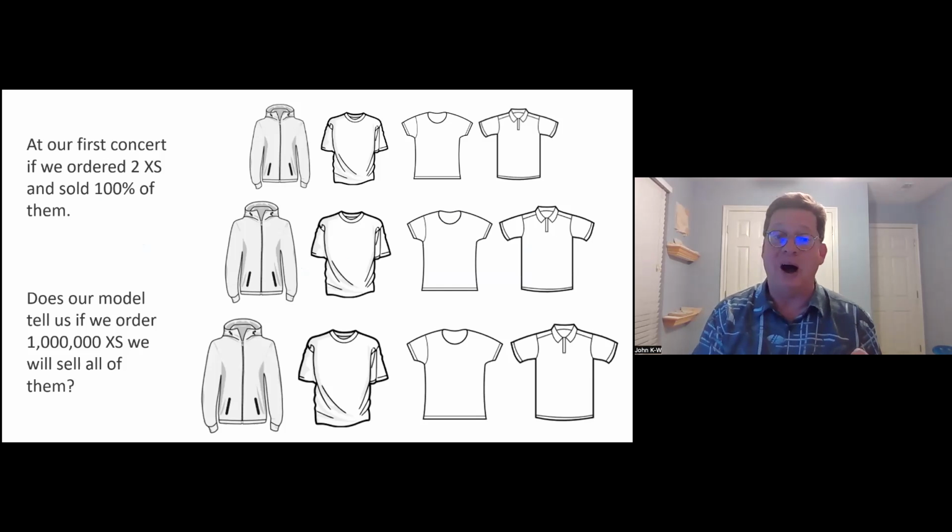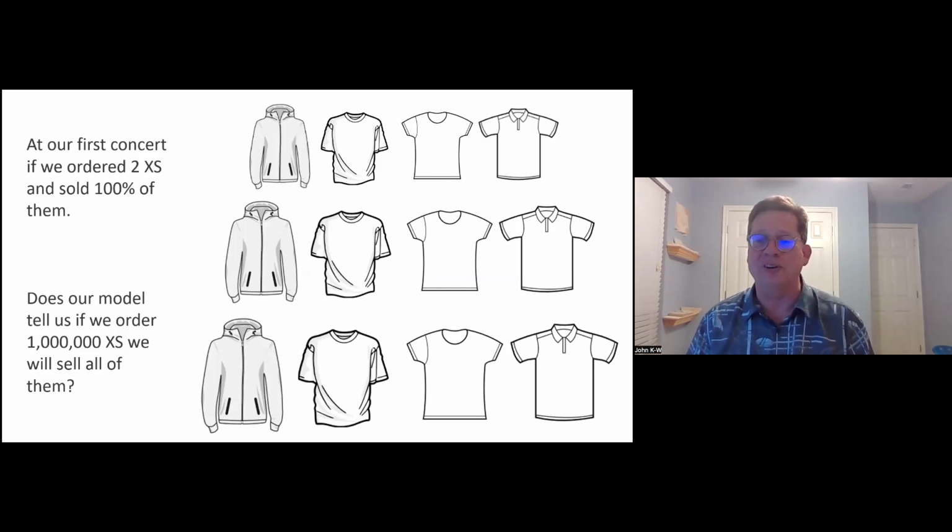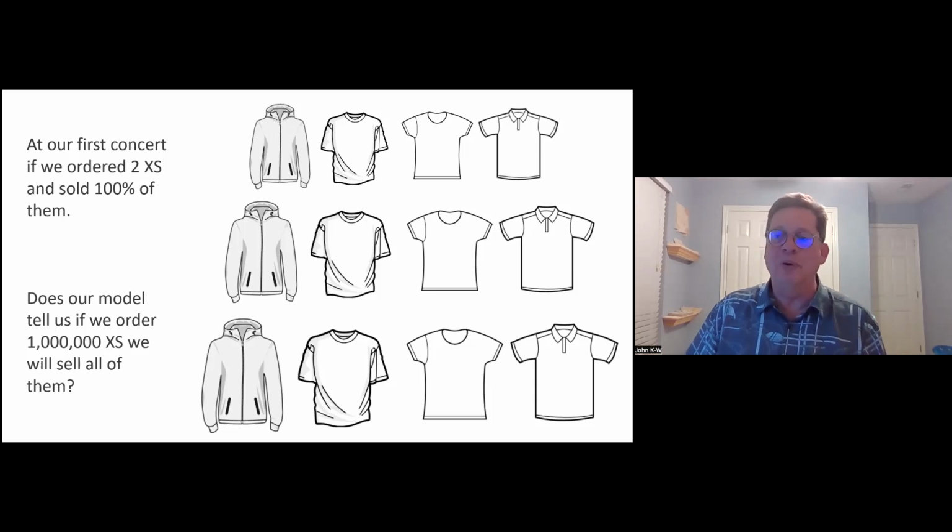If we ordered a million extra small shirts, based upon that simple model of having sold 100% of them, it would predict we would be selling 1 million extra small shirts, and we would likely end up with a lot more extra smalls than we needed, and we'd be selling them at a super discount just to get them out of our warehouse.